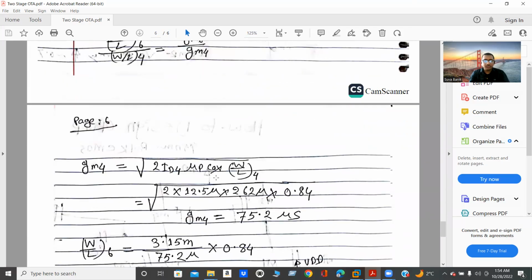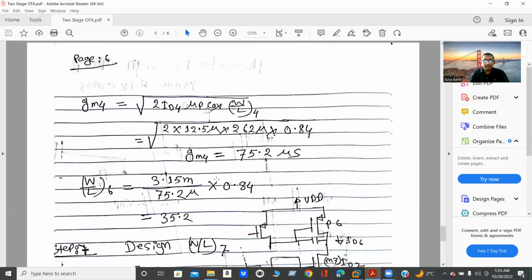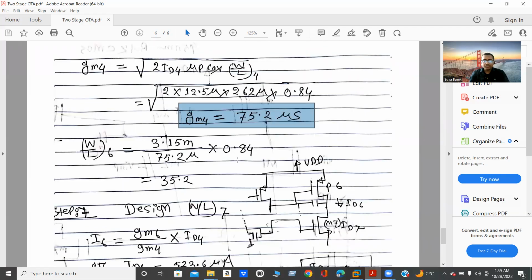If this formula are true, then we can move forward. So we can find the GM4 because I know ID4, mu P Cox I've already calculated. We also determine W by L4 ratio. So using this, I can calculate GM4. After finding GM4, we can calculate W by L6 ratio.